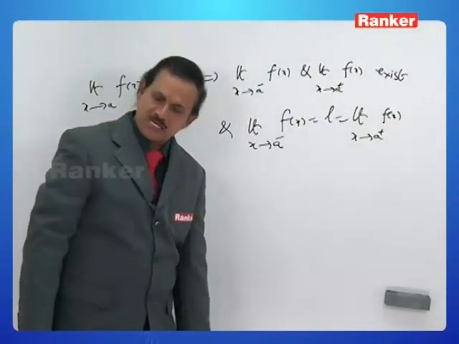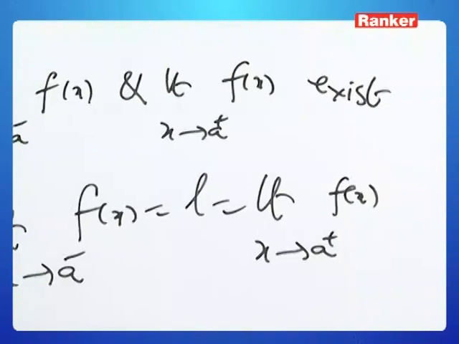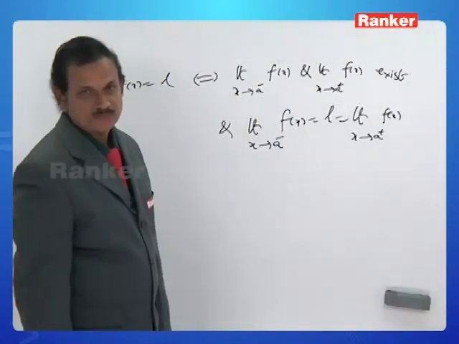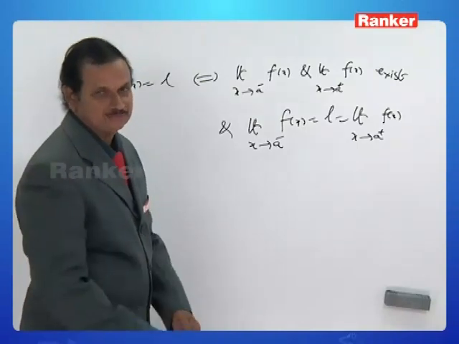Both of them should exist and they must be equal. Then only we say that limit of f of x as x tends to A is L. Now look at some standard limits.